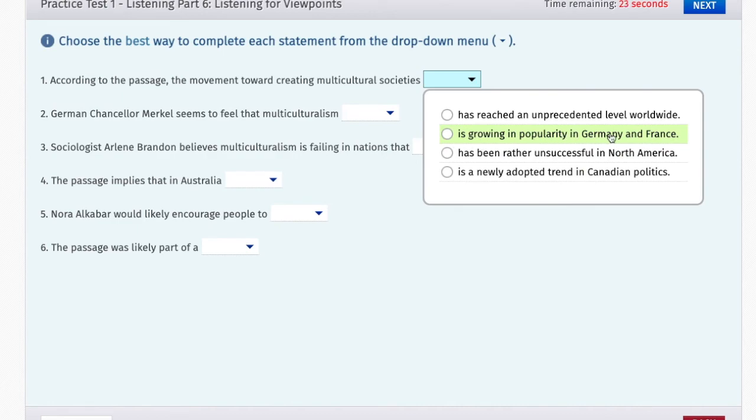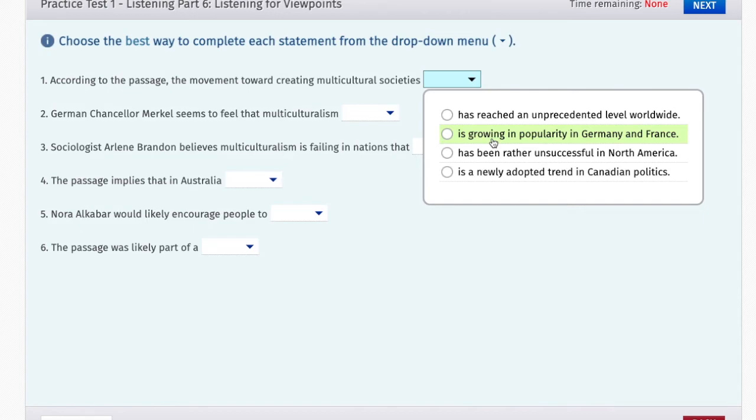I remember clearly when I heard Germany and France, it was talking about multiculturalism not being popular. Because I remember I connected Germany and France, Angela Merkel, Germany, France, same, multiculturalism is going down. So not growing. But the reason I know that for sure again is because I associated words, okay?